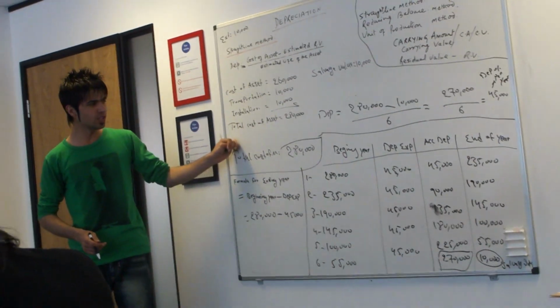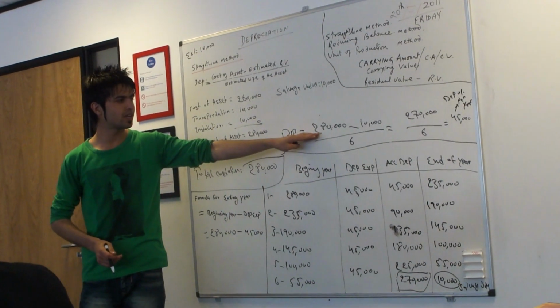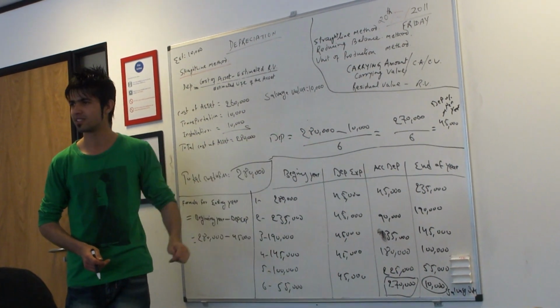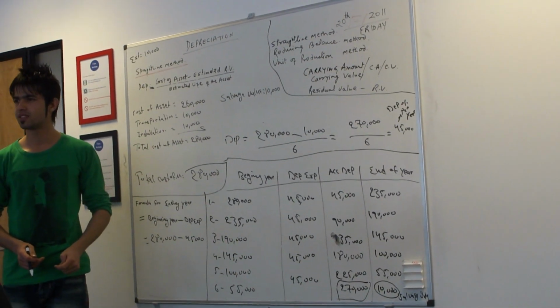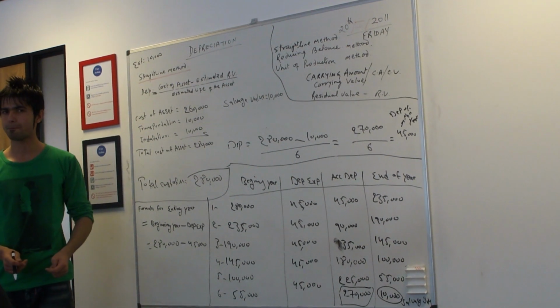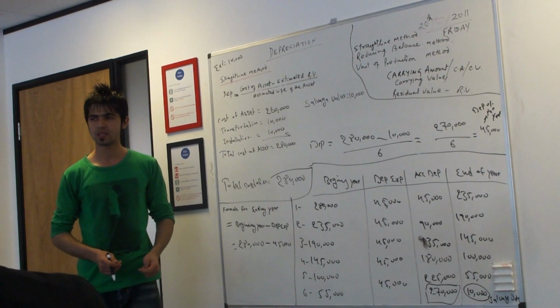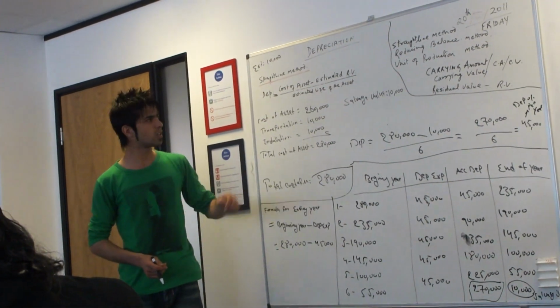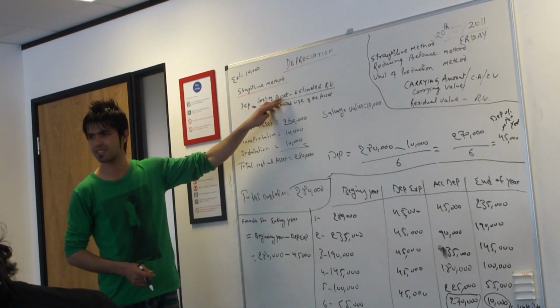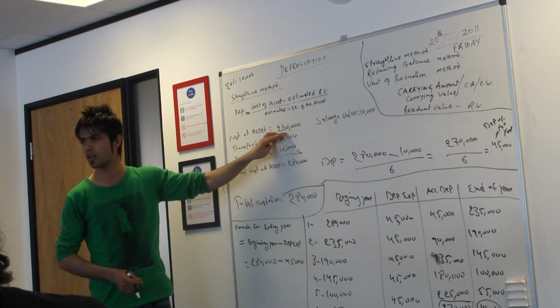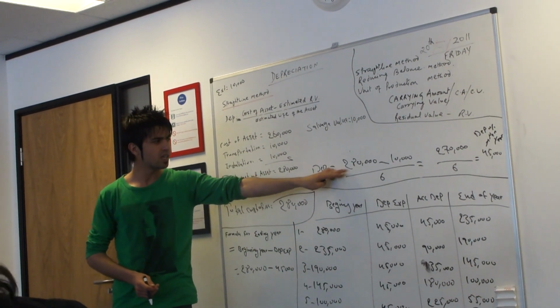Hamza. Could you tell me where we got that 280,000? The cost of asset was 260,000, so why do we use 280,000 in the formula?